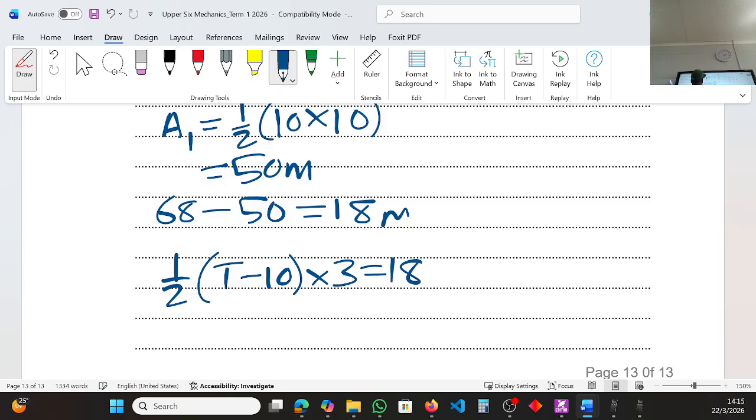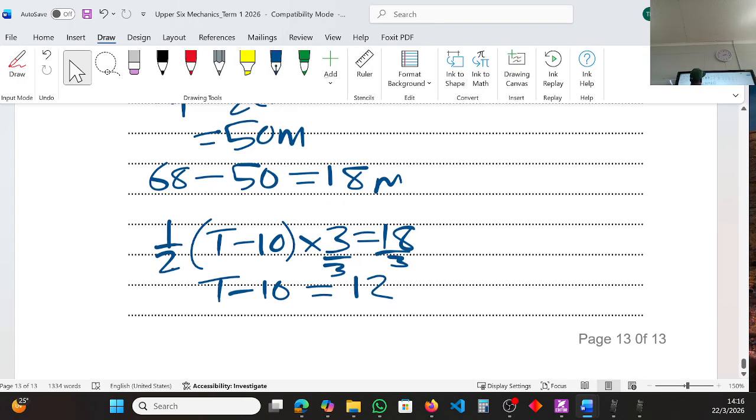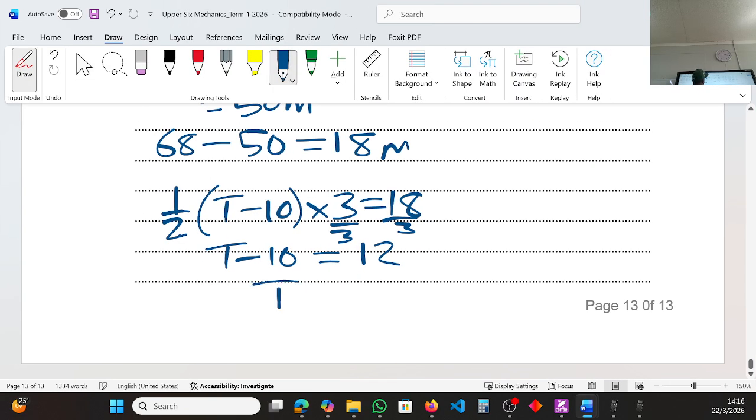This will be equal to 18. When I do my mathematics, T minus 10 is going to be equal to, when I divide both sides by 3, 6, but when I multiply 6 by 2, it gives me 12. Therefore, my T in essence is equal to 22 seconds.